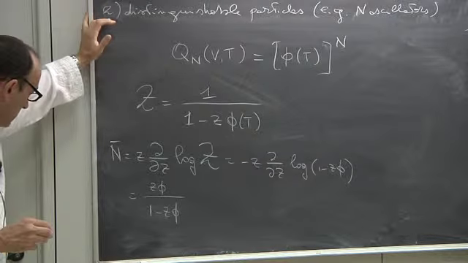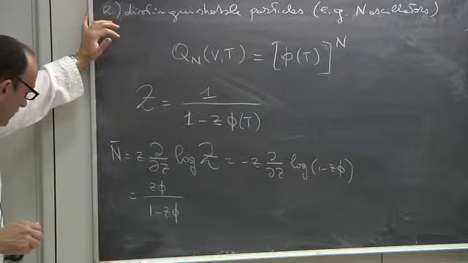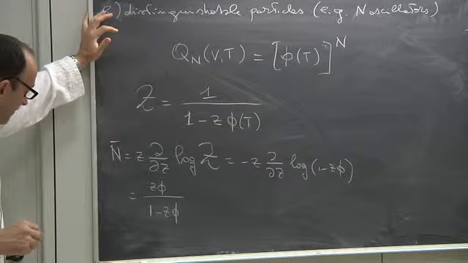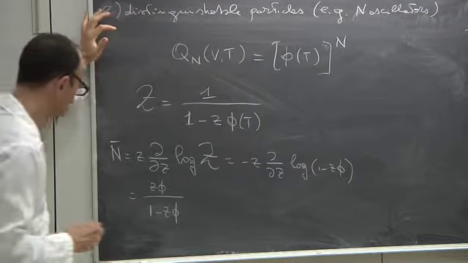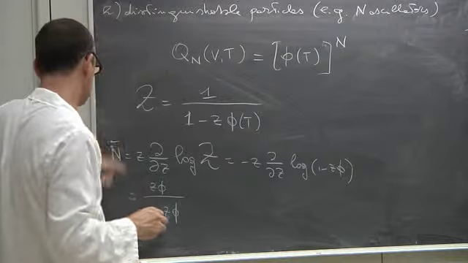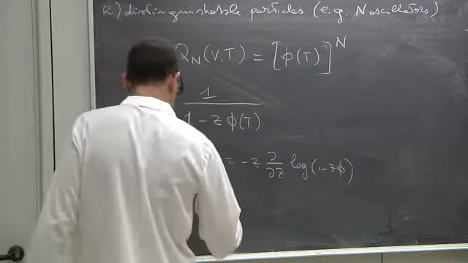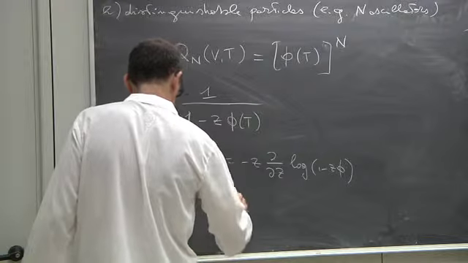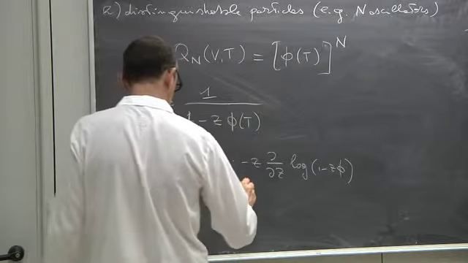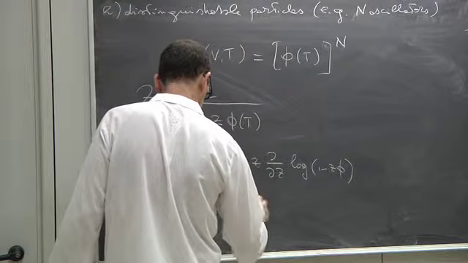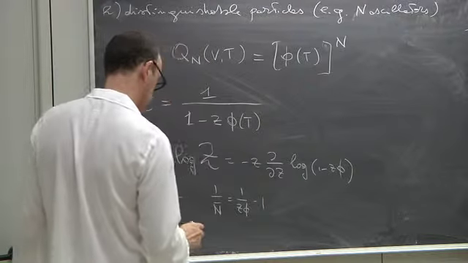Okay. So this tells us that 1 over n is equal to 1 over z phi minus 1.